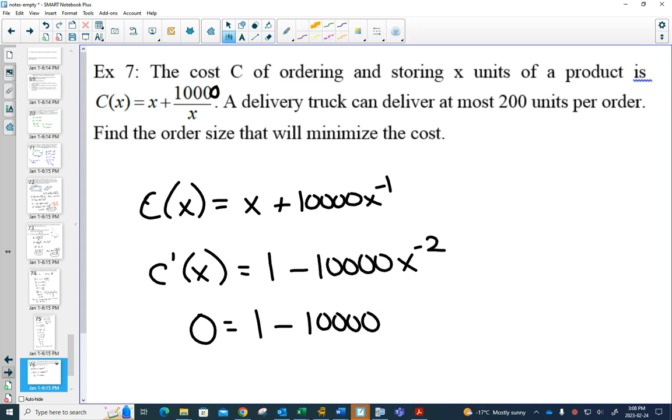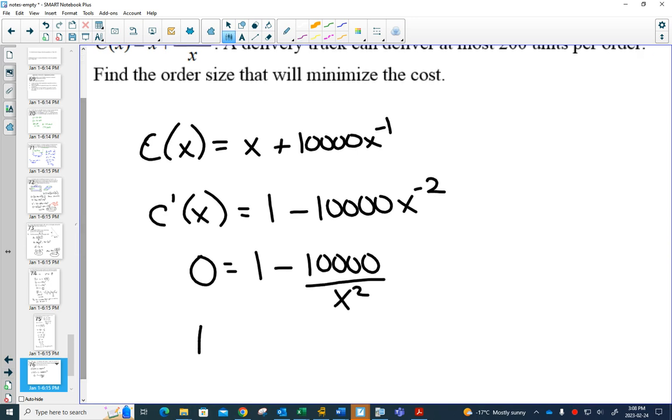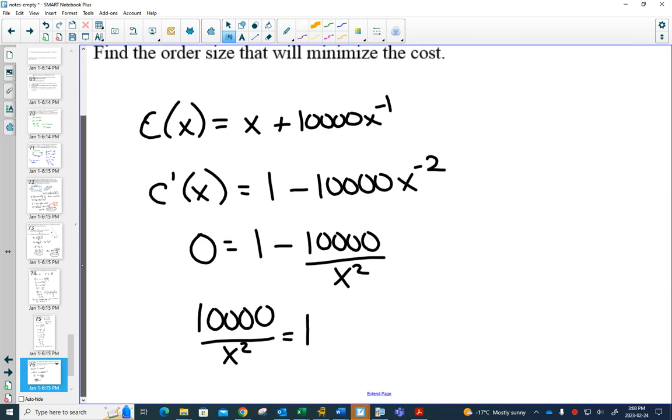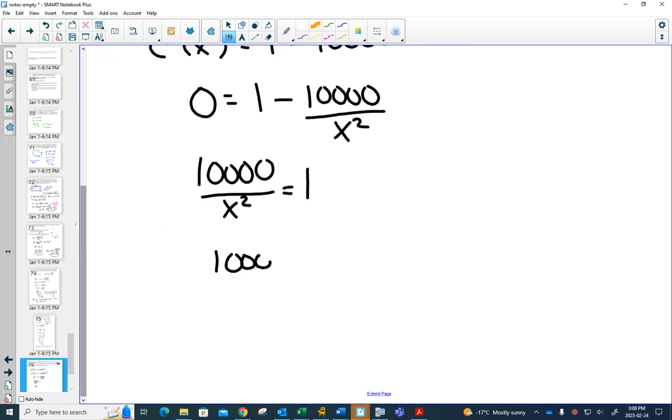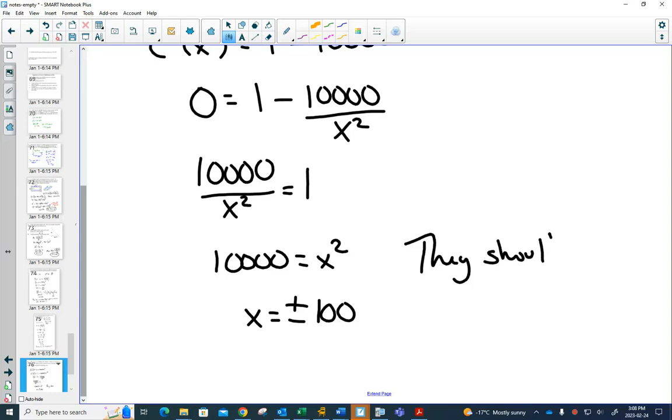I'm going to move that x squared to the bottom. Again, only the positive one makes sense.